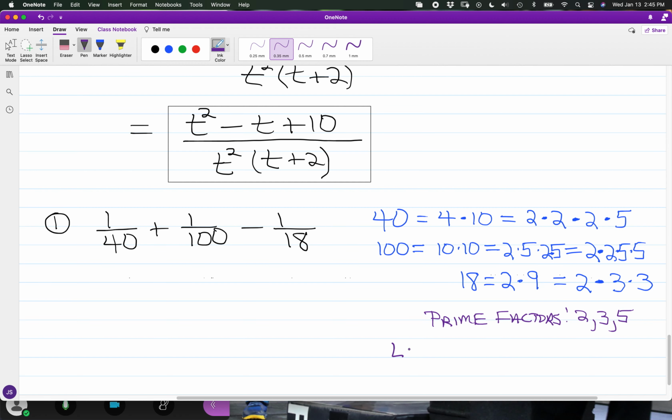And for the least common denominator, we have with the factors of 2. So 2 appears once from 18. It appears twice from 100. But the most frequent occurrence of 2 in the prime factorization will be where it appears 3 times from 40.